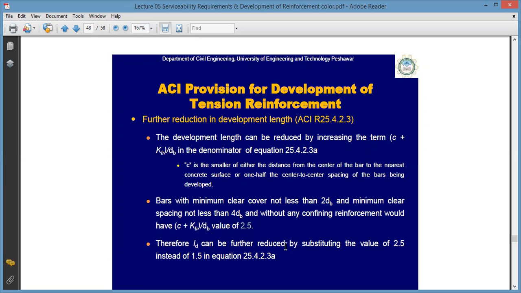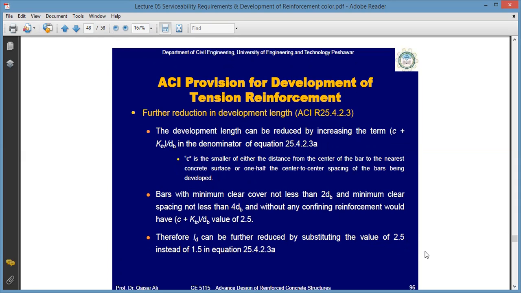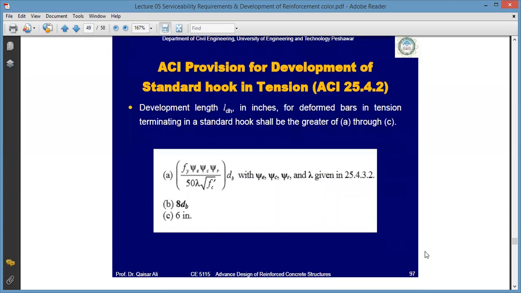Therefore, Ld can be further reduced by substituting the value of 2.5 instead of 1.5 in the equation. So whenever the value of this parameter increases, the development length will decrease. So whenever you put 2.5 instead of 1.5 or 1, this value will be further reduced.